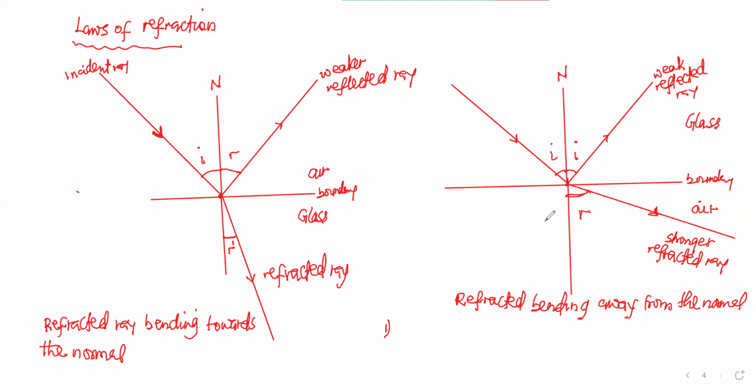Okay. A ray from a less dense medium will bend towards the normal in a more dense medium. Okay. Not bad. Frank?